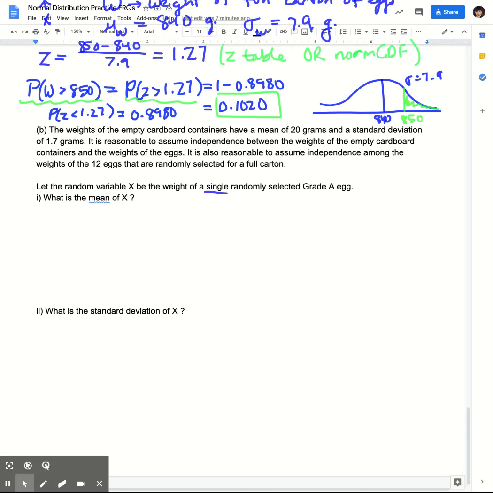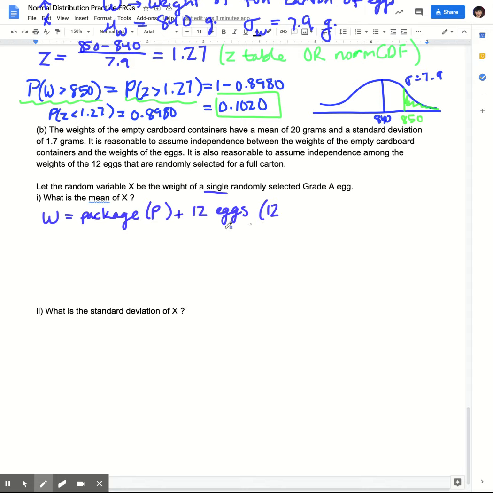Remember, we defined the variable W as the weight of a full carton. So the weight of a full carton is the weight of the packaging, which I'm going to call P, plus 12 eggs.